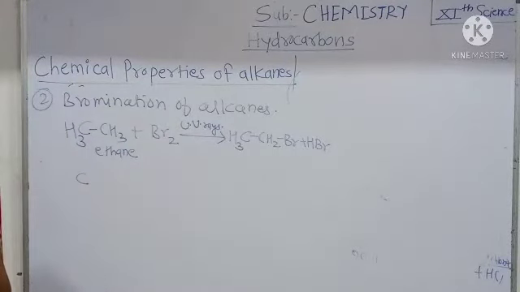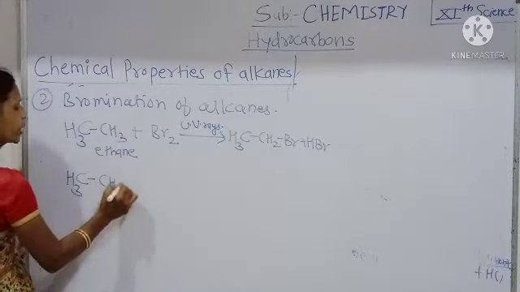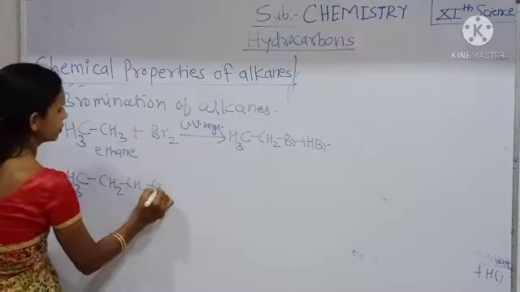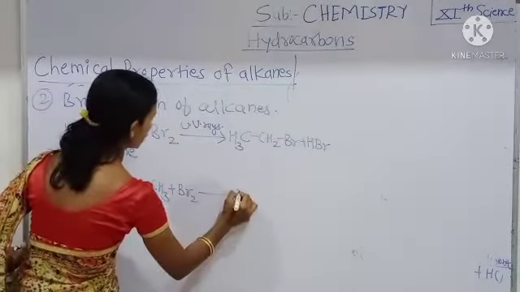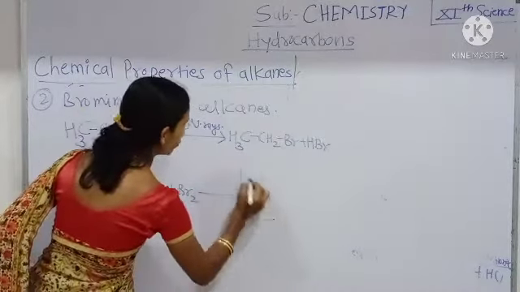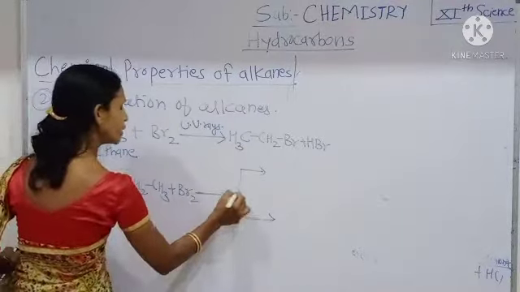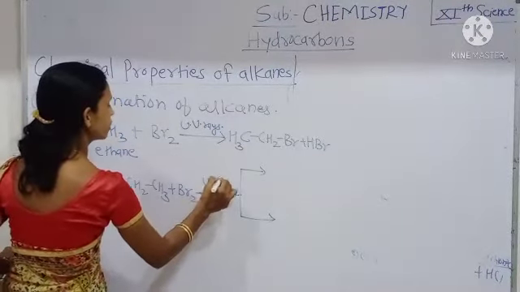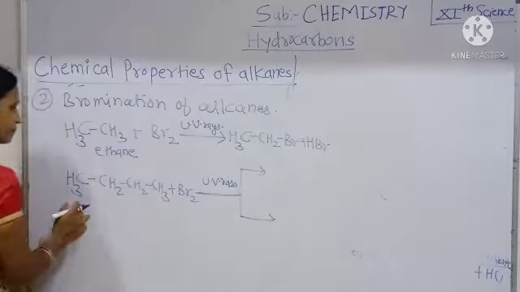If bromination of n-butane is carried out, then two different alkyl halides are obtained.